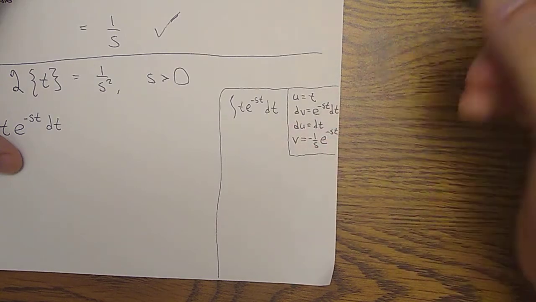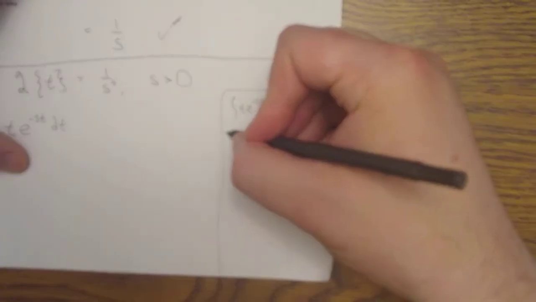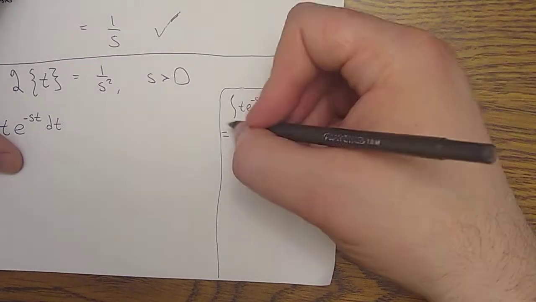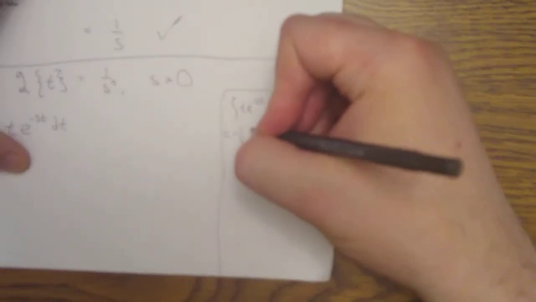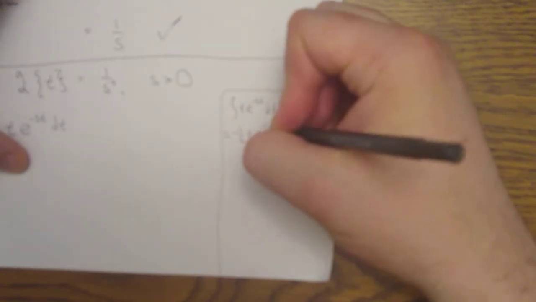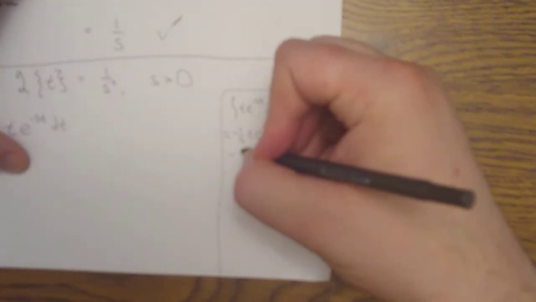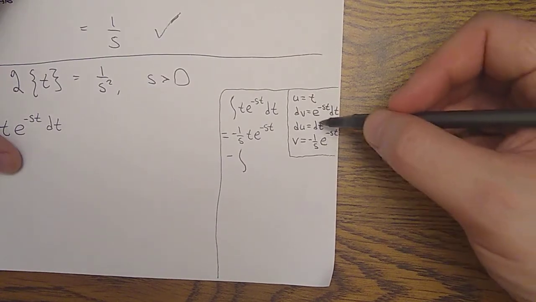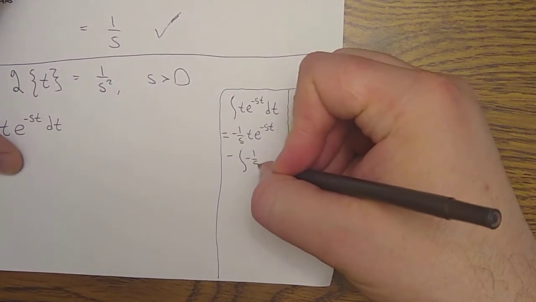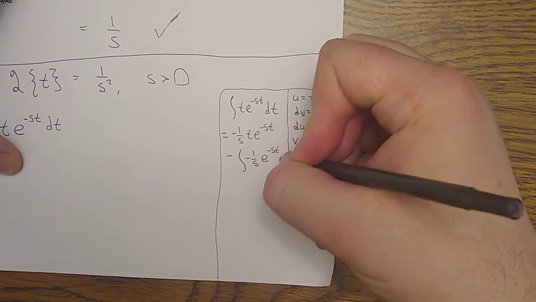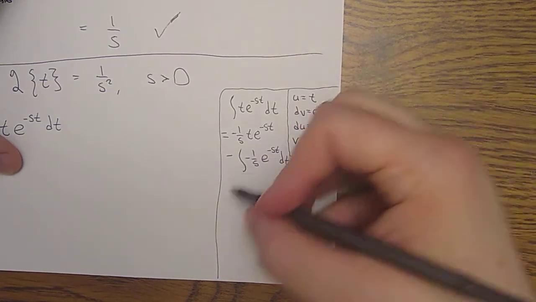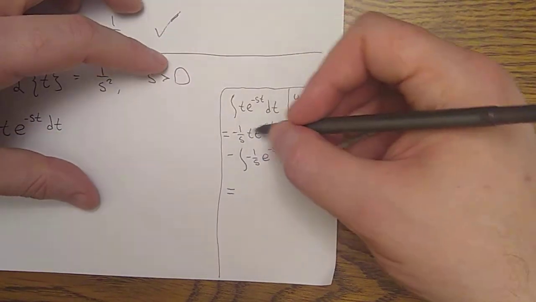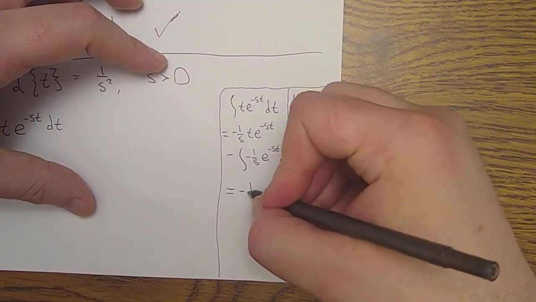Trying to be space efficient here. So this is equal to u times v minus the integral of v du, so I get my first term.